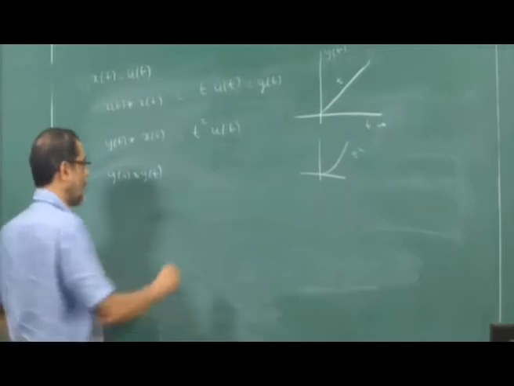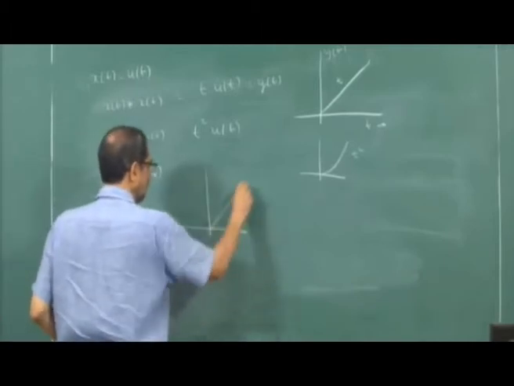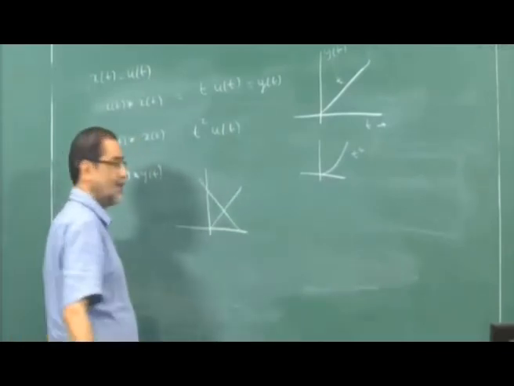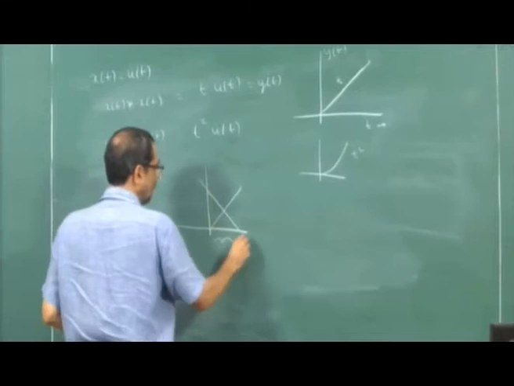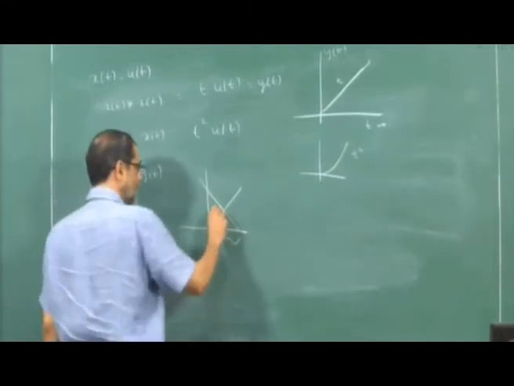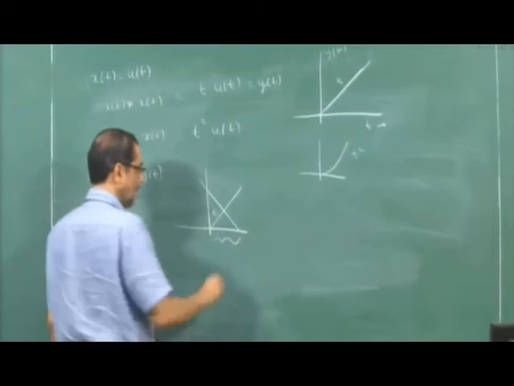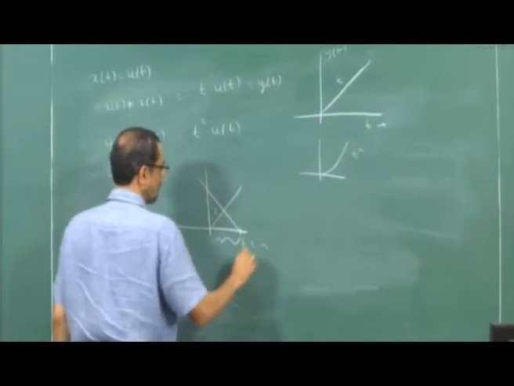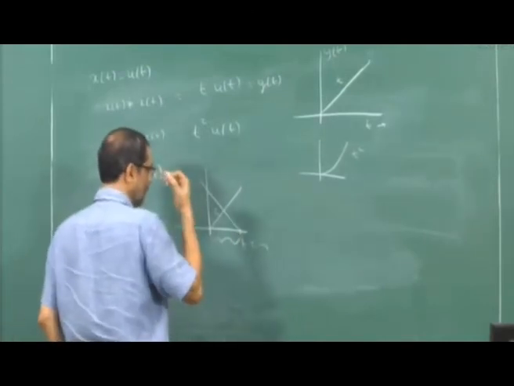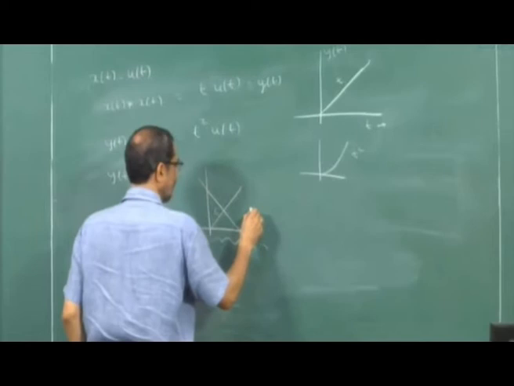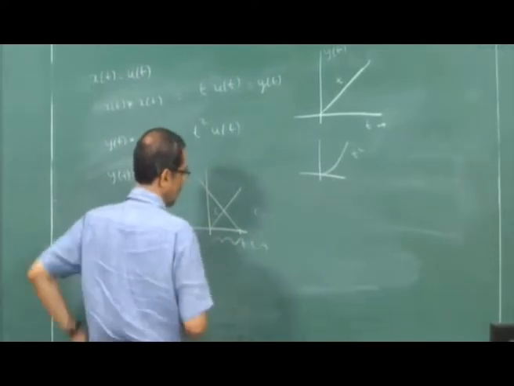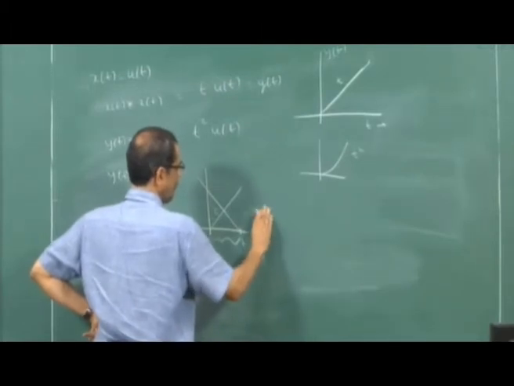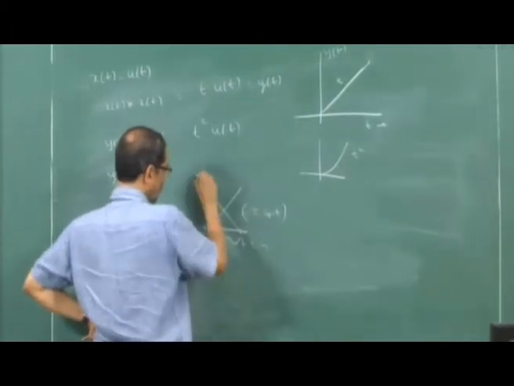I don't know the answer, but let me try to find out. At a particular point in time, it will be something like this. This function is tau, somewhere here is t, and this line is at 45 degrees. So it is minus tau plus t. That's the equation of this line.